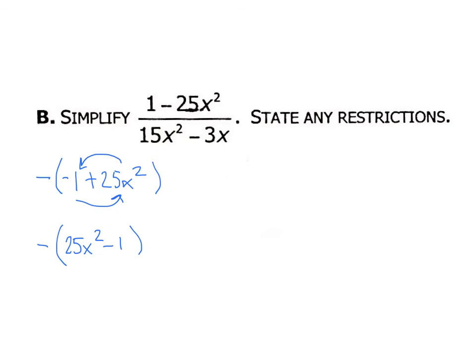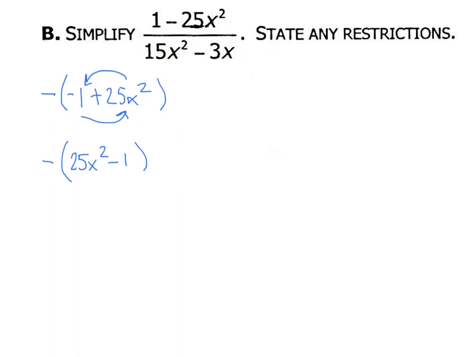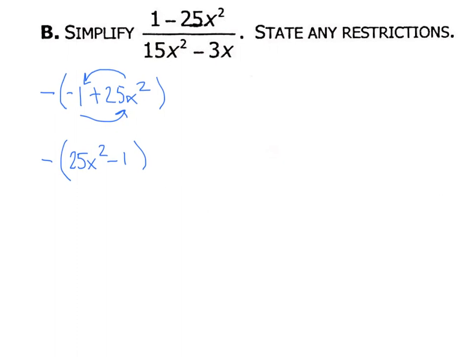And then I can do ABC. So let's do ABC. A is 25. B, there is no B, so it's 0.